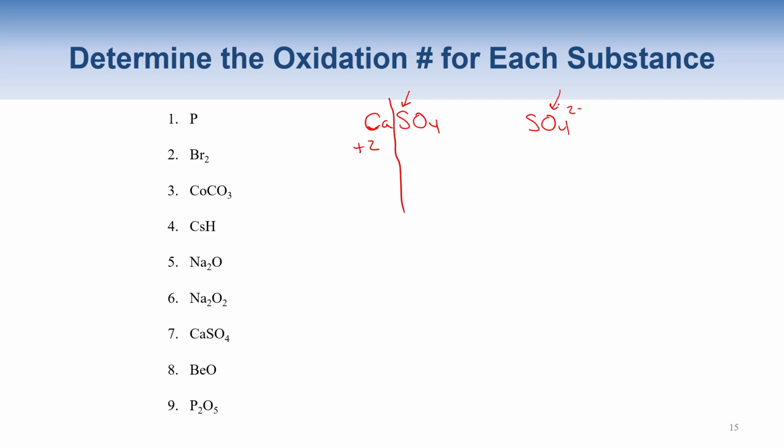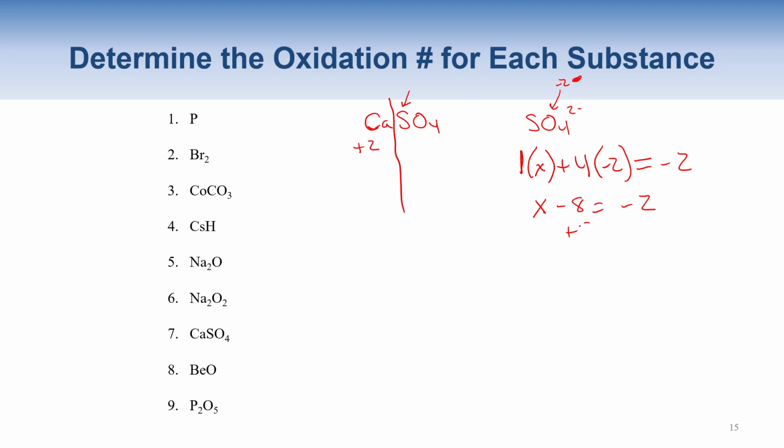We know that oxygen has a -2 oxidation number. So we have 1 sulfur plus 4 oxygen, and the oxygens are -2, and we set that equal to the charge of the polyatomic ion. So we have x minus 8 equals -2.